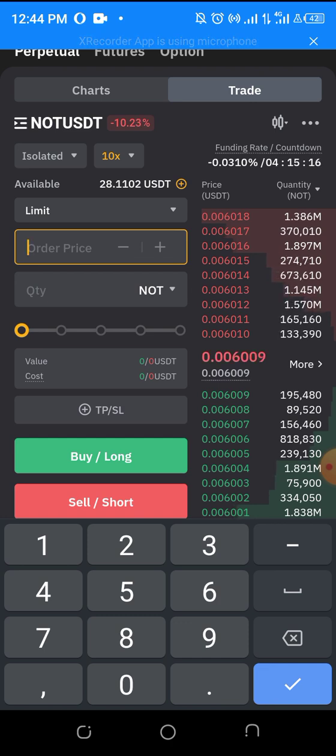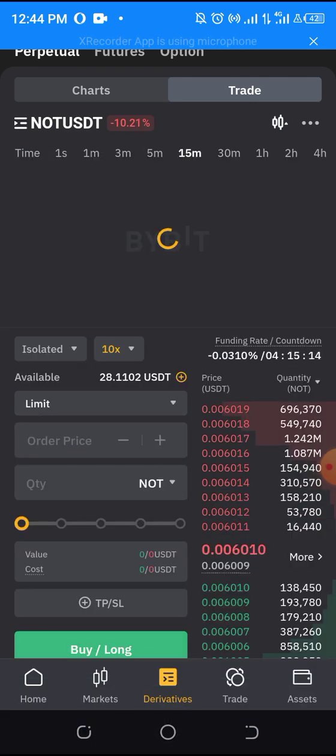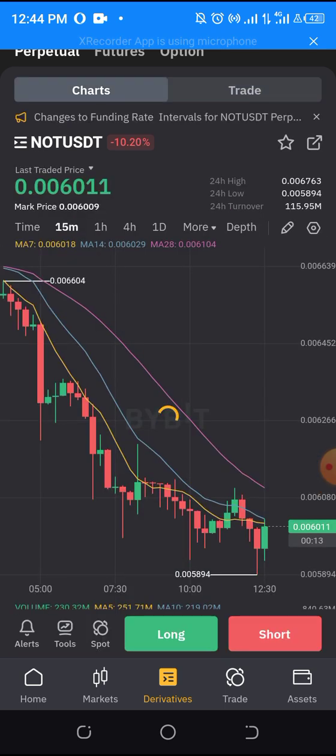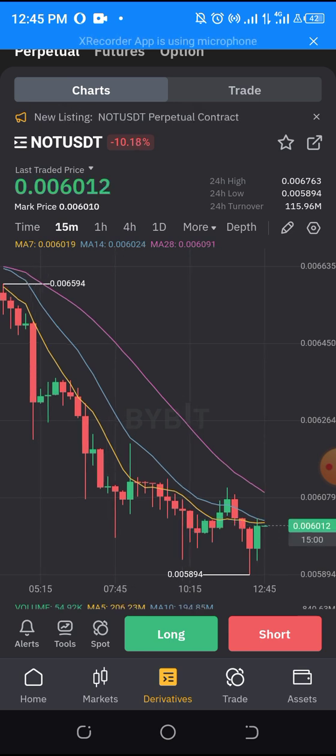So now this trade under the chart is at 0.0060. I want to be entering this trade at 0.0058.